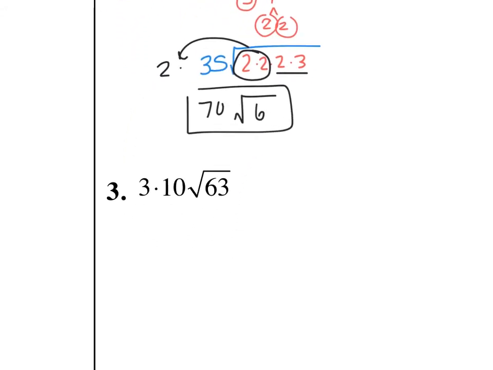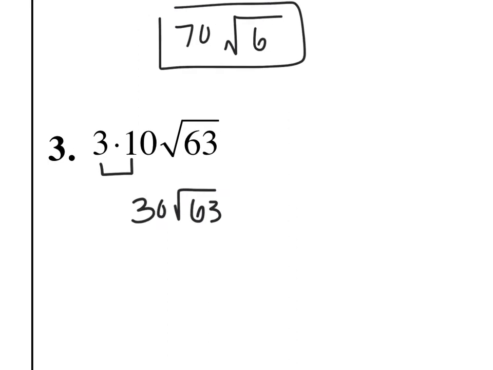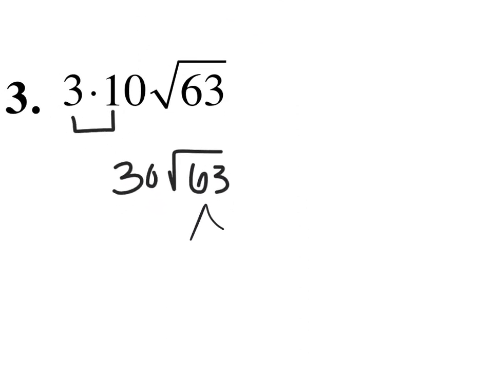Let's go on to the next one. I have 3 times 10 radical 63. There's no radical with my 3, but I still do outside times outside, inside times inside. So I just do 3 times 10, and that's 30 radical 63. And now we need to simplify our radical 63. I break apart my 63 into 9 and 7.